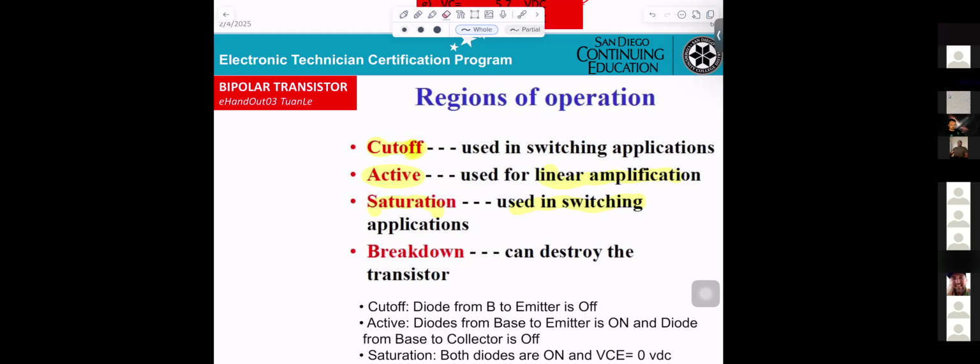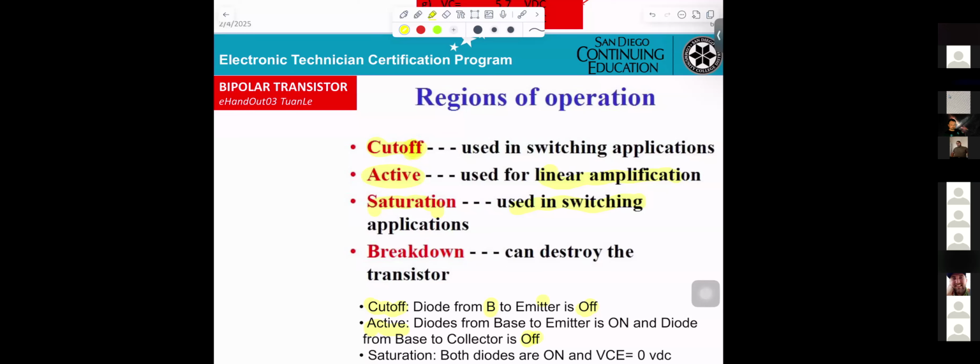Now what they say in here. Cutoff: diode from base to emitter is off. Okay. In the cutoff, the diode from the base to the emitter will be off. Active: diode from the base to the emitter must be on, and diode from the base to collector must be off.